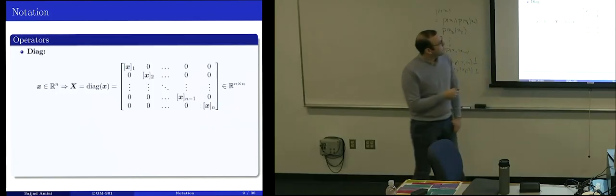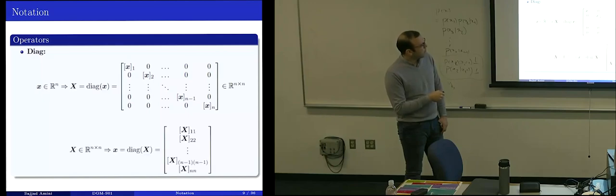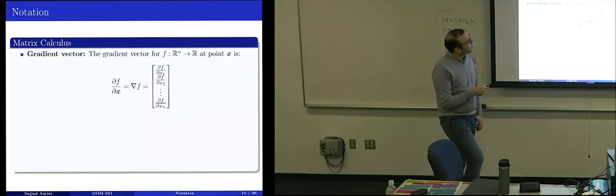The diag operator, if it is operated on a vector, generates a matrix where the elements of the vector are on the main diagonal and the other elements are 0. If it is operated on a matrix, it means that you extract the diagonal elements of that matrix and generate a vector. The gradient vector: if you have a function from a vector space to a scalar space, then you can define the gradient vector for that function, which is defined as this vector.